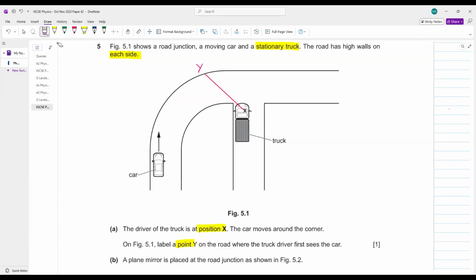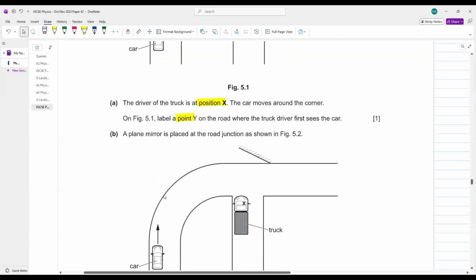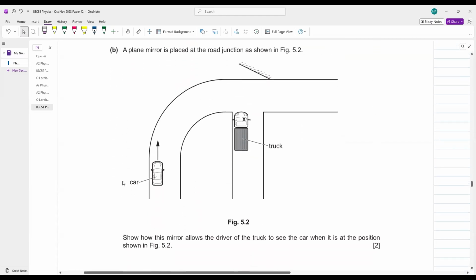Simple. Okay. A plane mirror is placed at the road junction as shown in figure 5.2. A plane mirror has been placed here. Show how the mirror allows the driver of the truck to see the car when it is at the position shown in figure 5.2. So we have to show how the truck driver is able to see the car. Basically, make a ray diagram. First of all, let's draw a normal, like this.